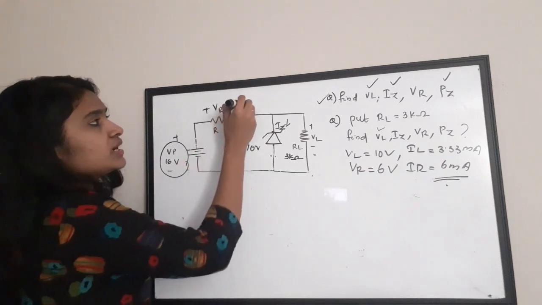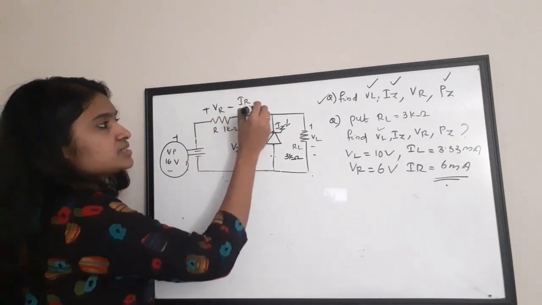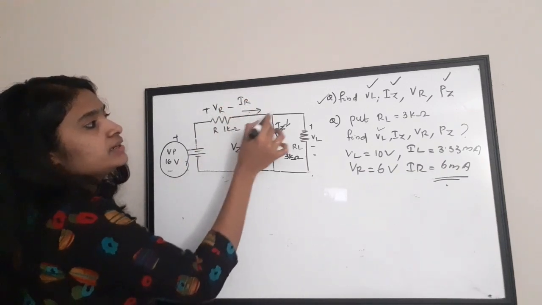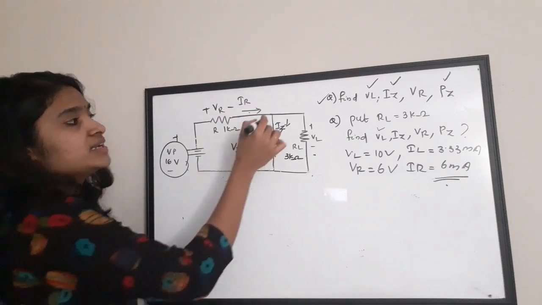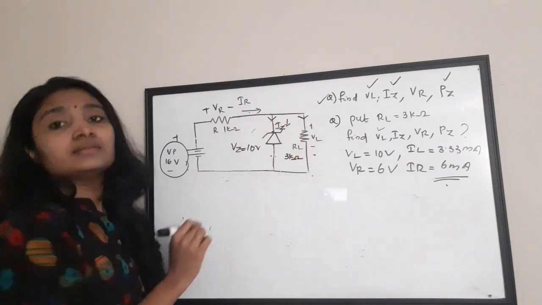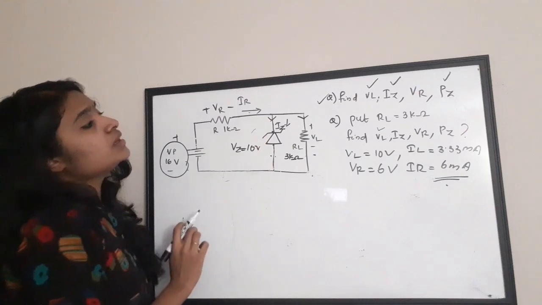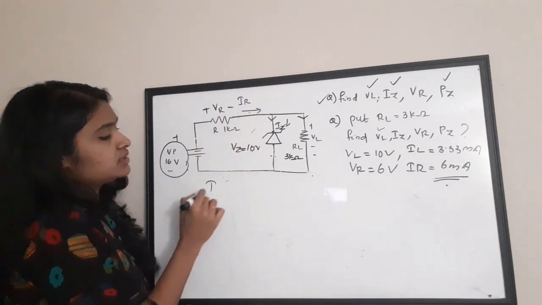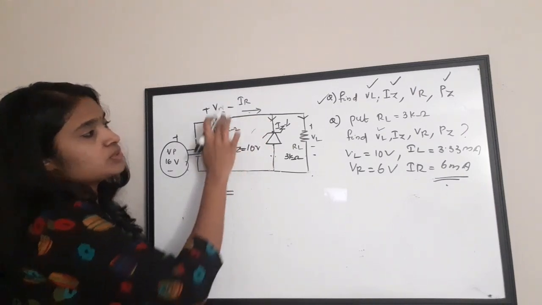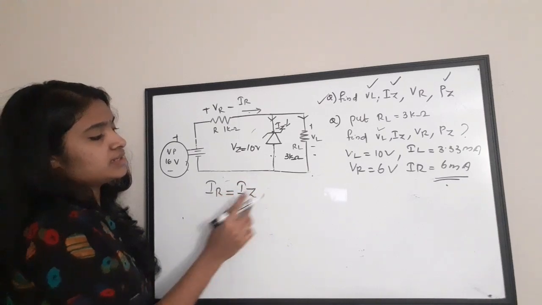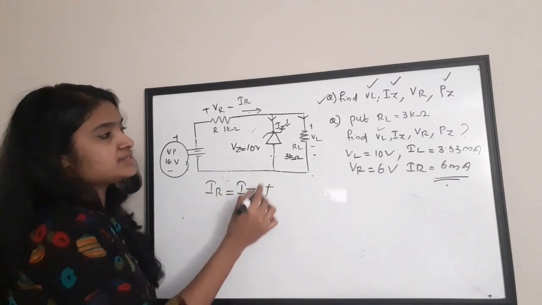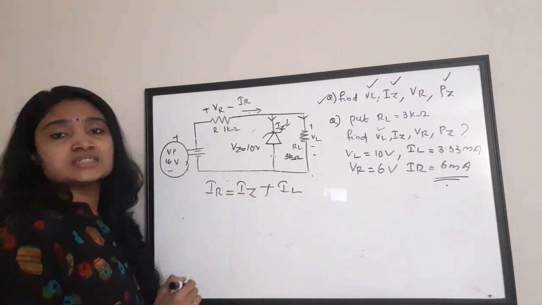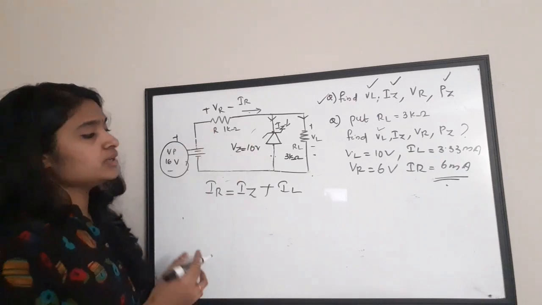Also, the current IR is coming this way, and according to the Kirchhoff current law, this current is getting split here and here, right? So we can write the current equation: IR is equal to IZ, that is the current through the Zener, plus the current through the load. Simply we have applied Kirchhoff current law at the node.